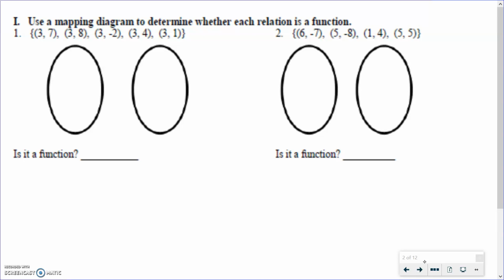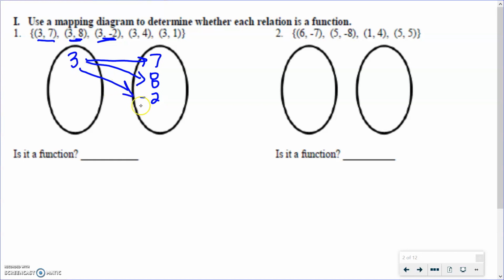So this first set of points here, number one, we're going to draw a mapping diagram. So you'll see what that is as I go through here. So we're going to write down that 3 maps to 7. So we take the two numbers, okay, but we see here that this is a 3 and that's an 8. So 3 now also goes to 8. Okay, and then 3 goes to -2.